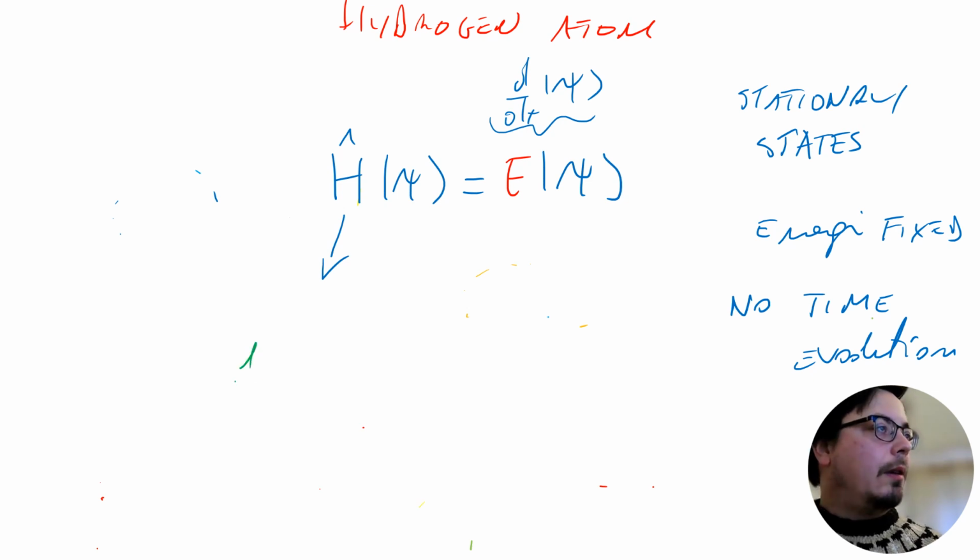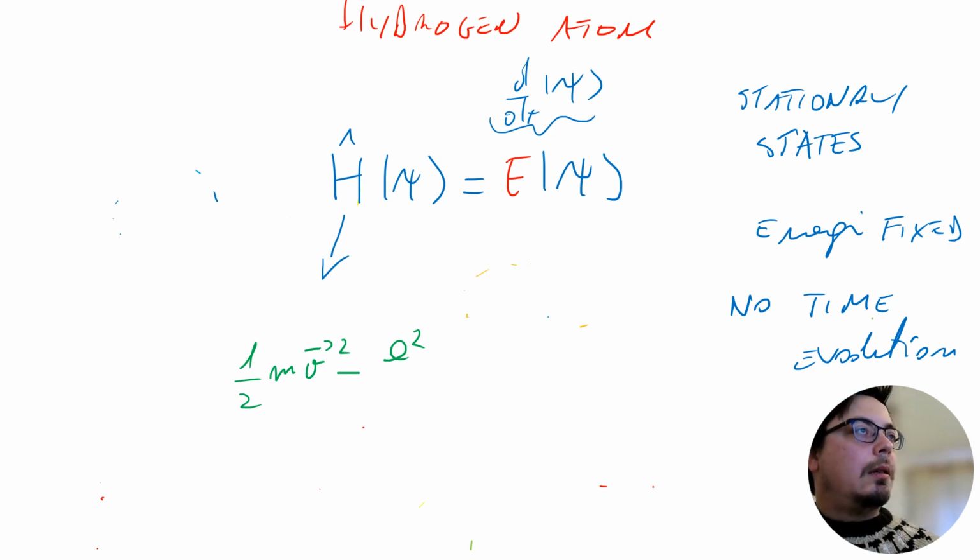And you have the usual suspects. You have one half m v squared, the velocity, the kinetic energy, plus the potential, which is like so, e squared divided by a constant times the distance.